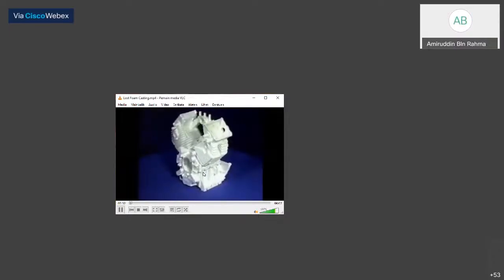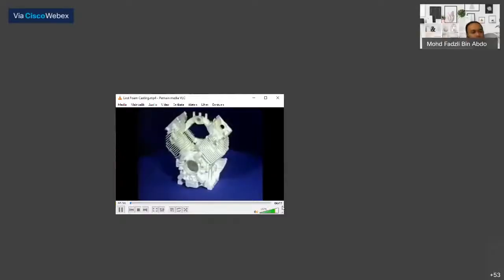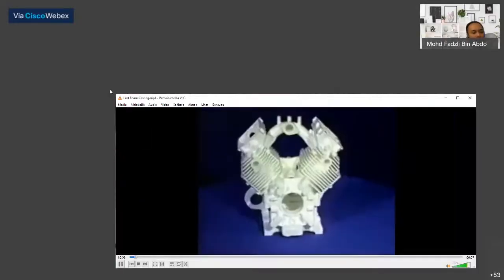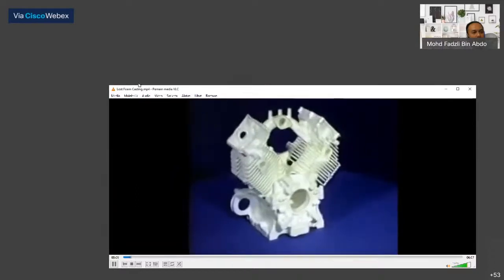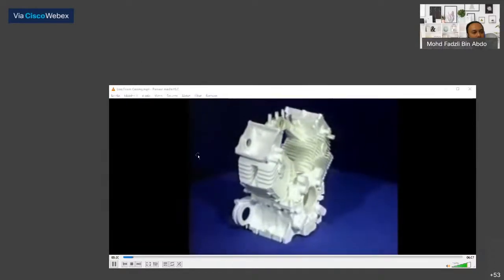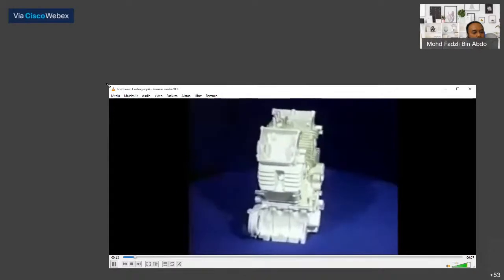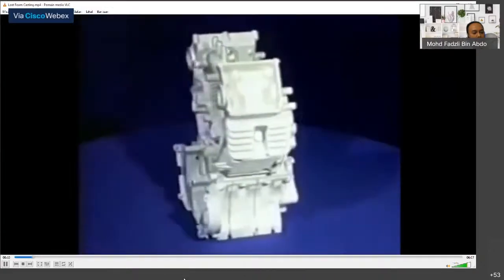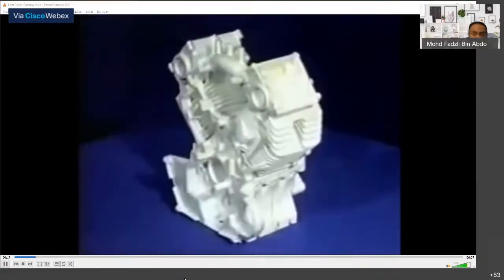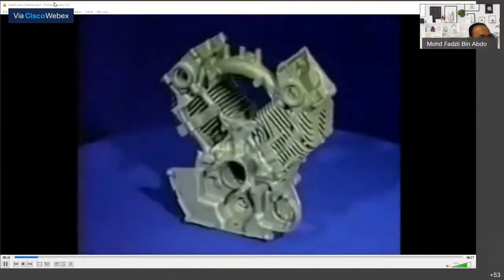Lost foam, the innovative metal casting process of the future, has been slow to develop, but is finally a technical and commercial success. The name Lost Foam refers to the process of creating a foam model of the casting and then replacing the foam with molten metal.